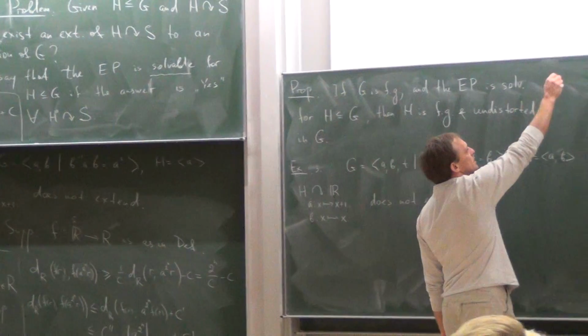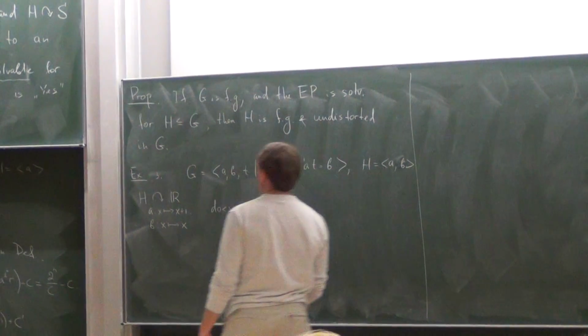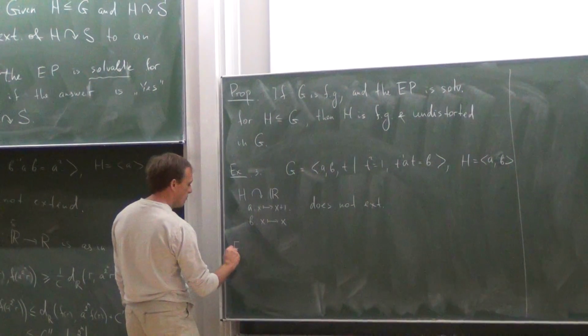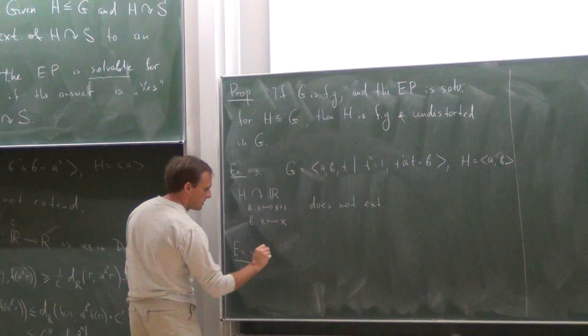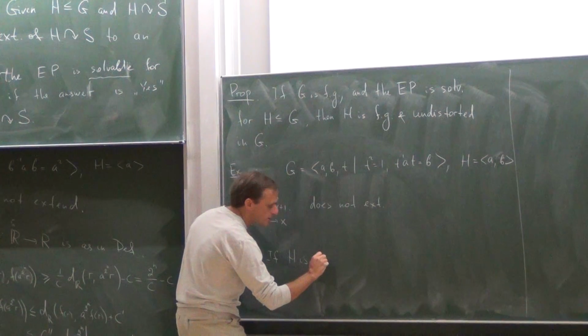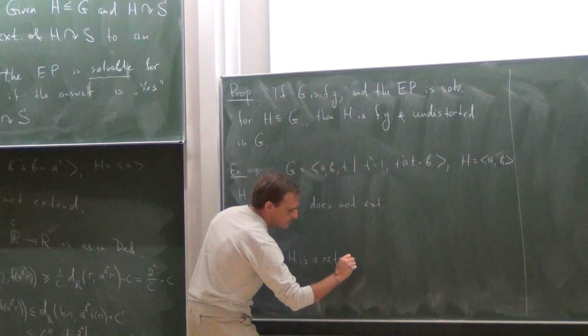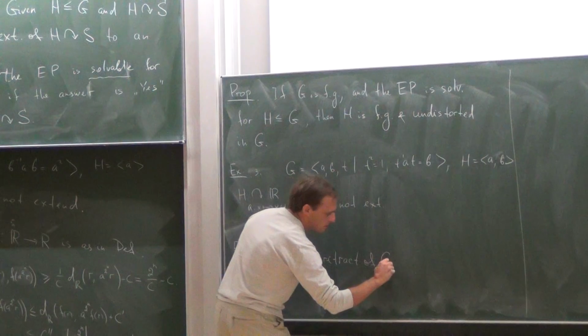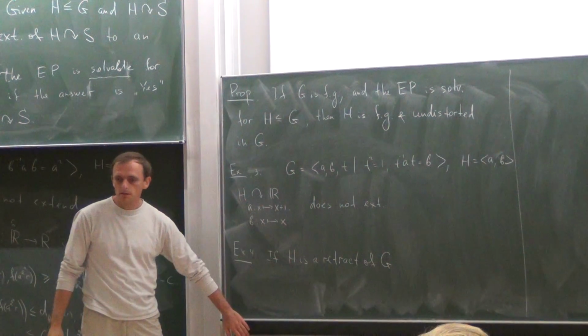For example, the simplest situation is example number 4. If H is a retract of G, just an algebraic retract in the algebraic sense.